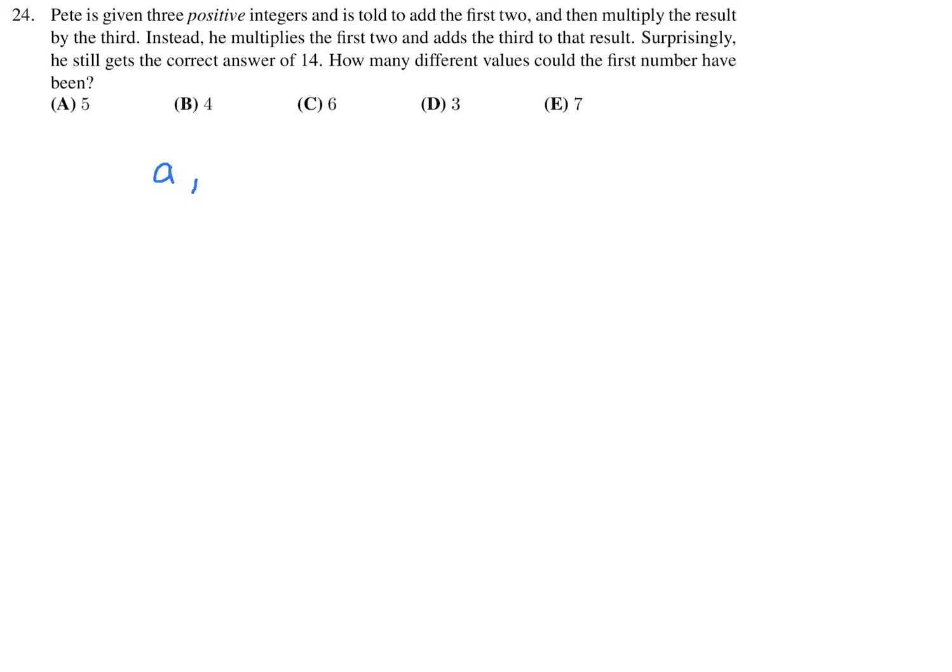I'll let the numbers be A, B, and C. Now, he is told initially to add the first 2, A plus B, and then multiply the result by the third number. But instead he multiplies the first 2 and adds to that the third. But both times he gets 14. And we are told, how many different values can you get for A, the first number?